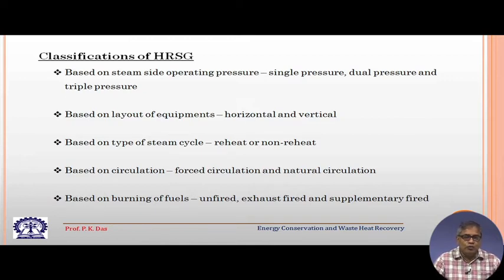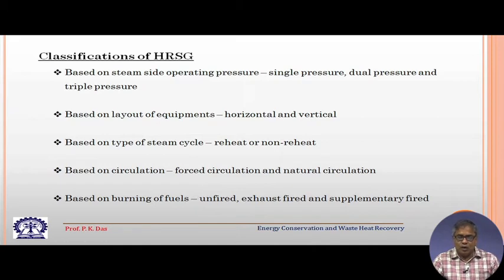So, what can we do? We are sending it to a steam turbine power plant, and for the steam turbine power plant we need to extract this energy in the form of steam. That is what we are doing. Now, in most cases we can do that and get superheated steam, and our steam power cycle can run. This arrangement is called unfired HRSG.